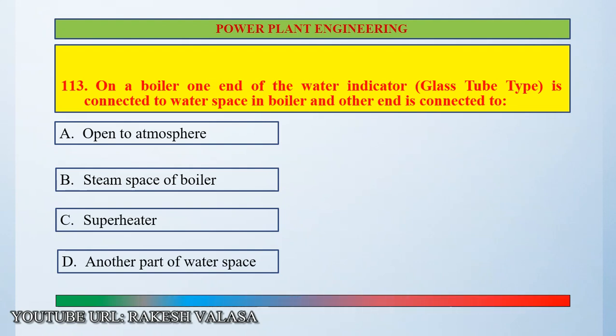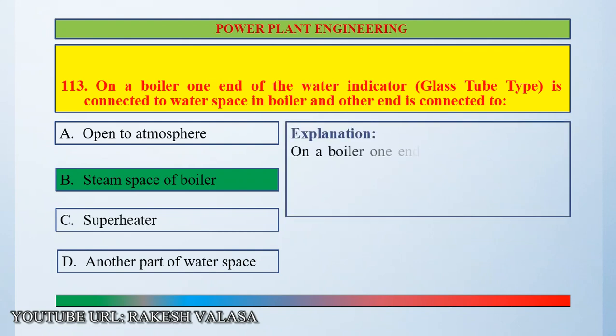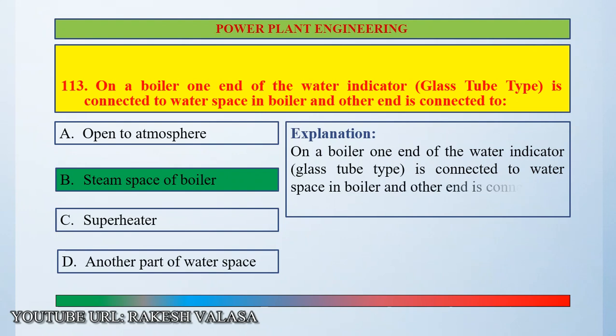The correct answer is option B steam space of boiler. Let us see the explanation. On a boiler, one end of the water indicator, that means glass tube type, is connected to water space in boiler and other end is connected to steam space of boiler.